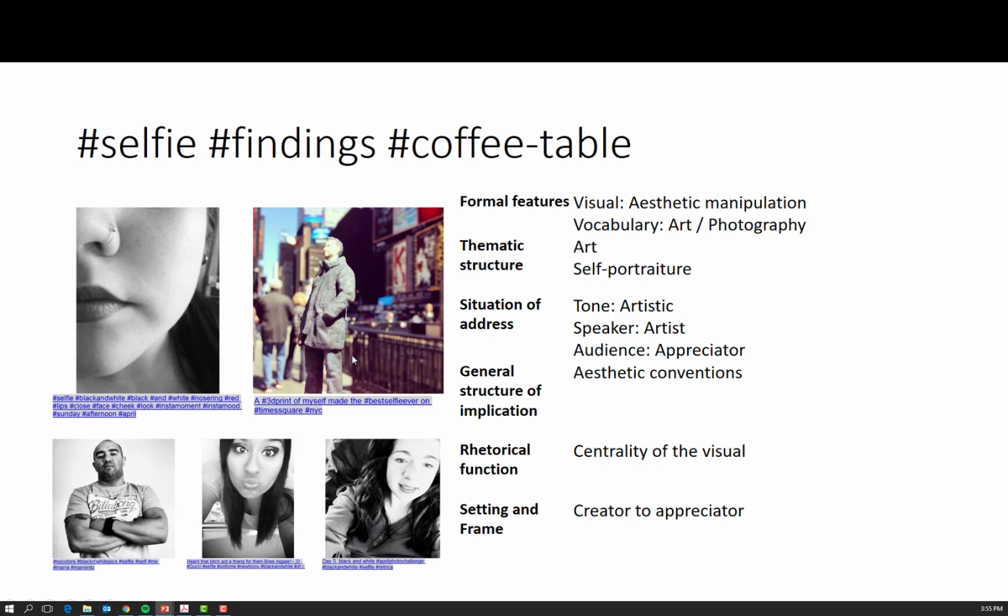So he went to all the effort of scanning his whole body in, printing it out, taking it to a street in New York, and then taking a, in brackets, selfie of himself, or a 3D printout of himself in a street. So this idea of playing with the medium and playing with this notion of what is a selfie and playing with photography is very much about this coffee table. It's artistic, and it was for casual conversation starters.